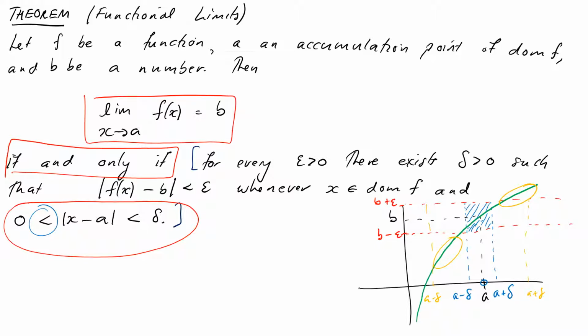So we'd have to bring delta smaller to get it closer to a, and hopefully, if the limit exists, there will be a value of delta which is small enough so that the entirety of the green curve is contained within our box. Which is equivalent to saying that the absolute value of f of x minus b is less than epsilon.